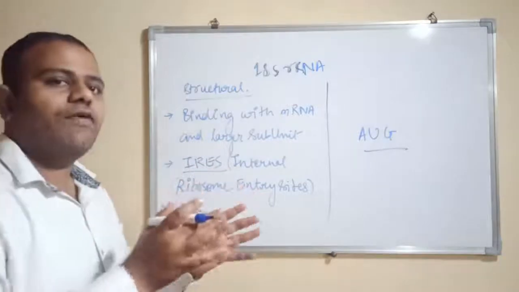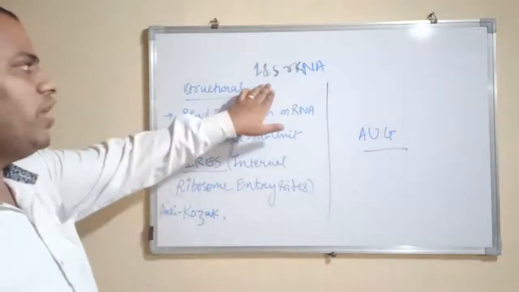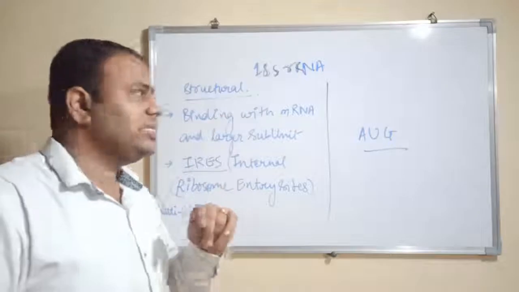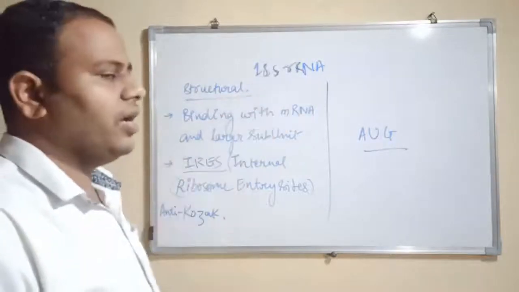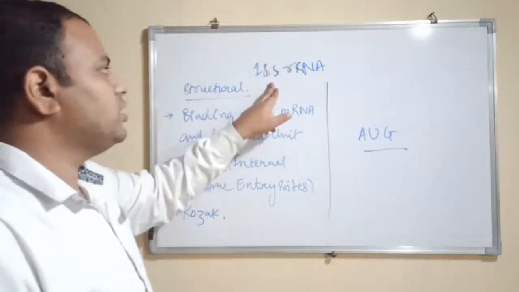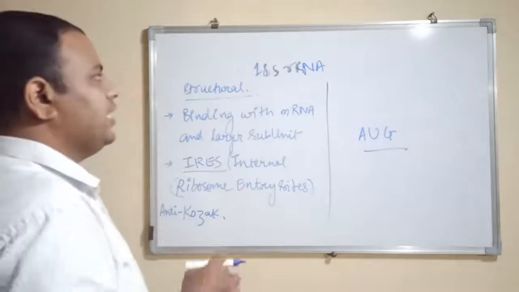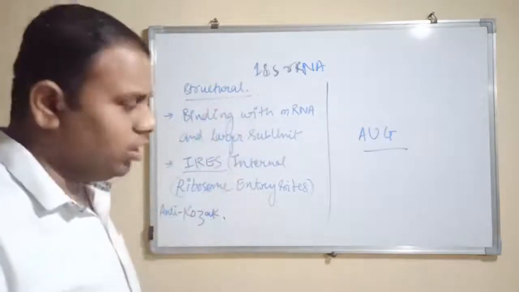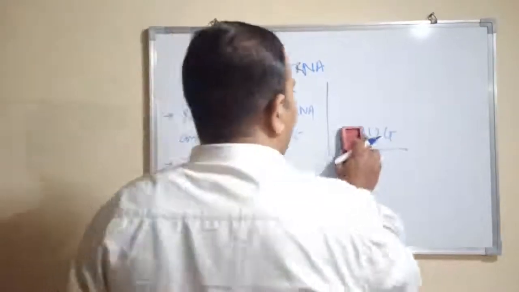The proper positioning of the ribosome, that is the E, P and A sites of the whole ribosomal subunit, is done by 18S rRNA. So this is the structural role of 18S rRNA.